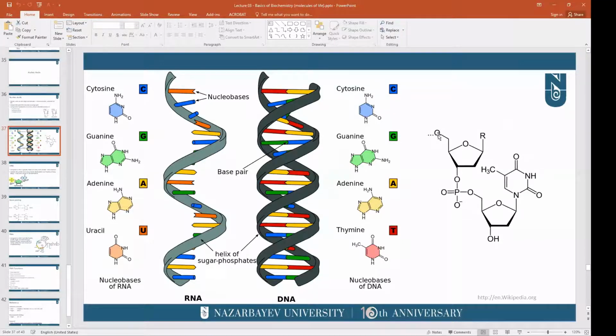I just want to know what's the connection between deoxyribose and DNA? The thing is, this deoxyribose is part of the DNA molecule. It's not connected, it's just a part of it. And because this part exists in the DNA molecule, we have this huge chain.